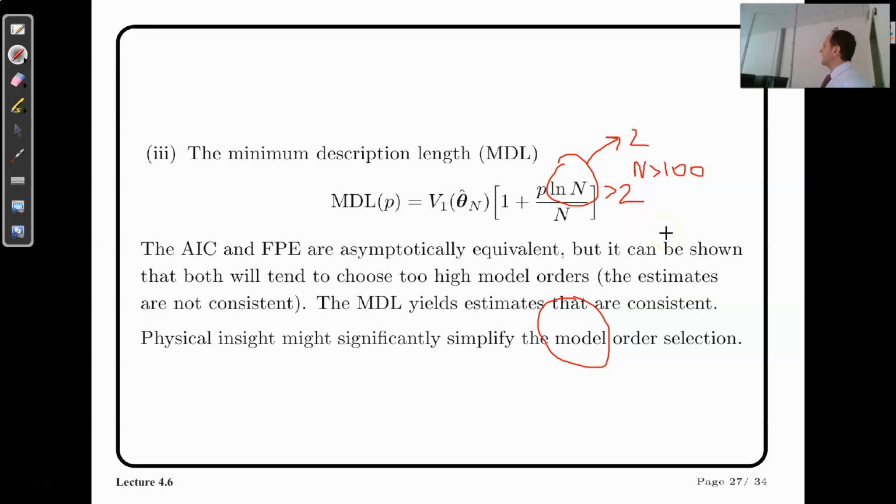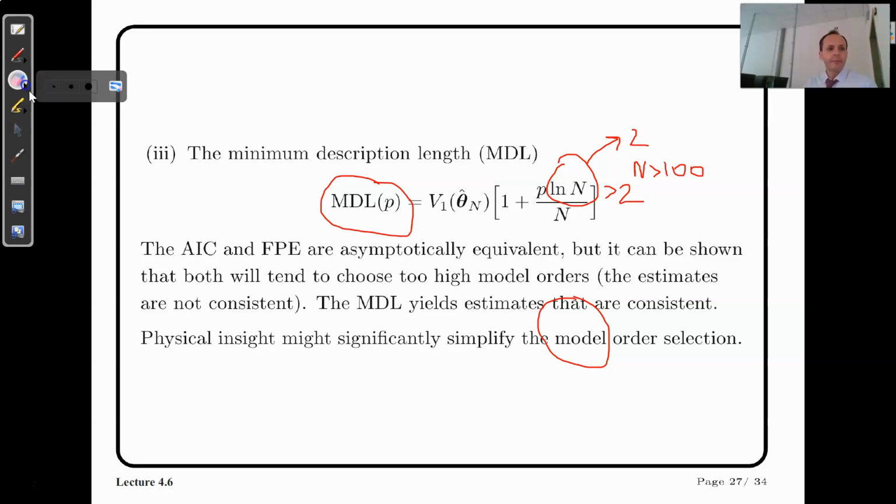It means that this penalty function penalizes the model order in a higher way. So normally the minimum description length suggests smaller orders for your model.